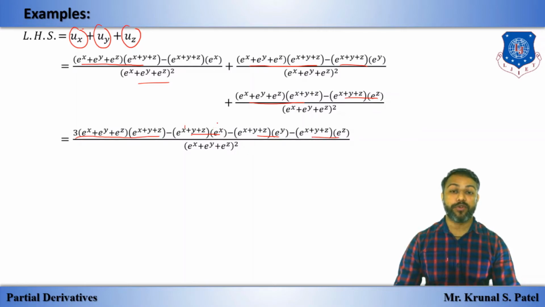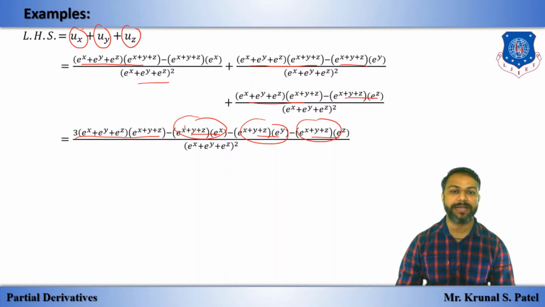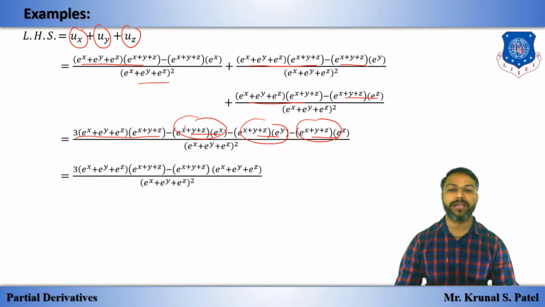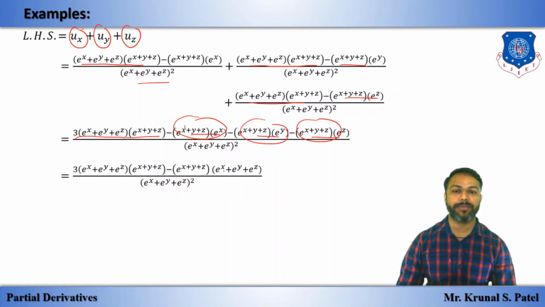Now from the second, third and fourth terms we can take minus as well as this bracket e raised to x plus y plus z common. So we have remaining in the bracket e raised to x plus e raised to y plus e raised to z.